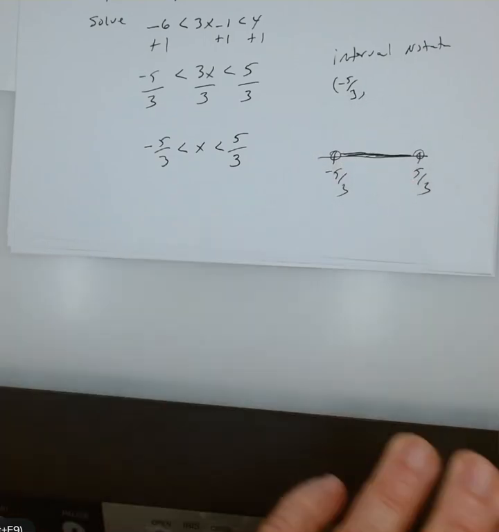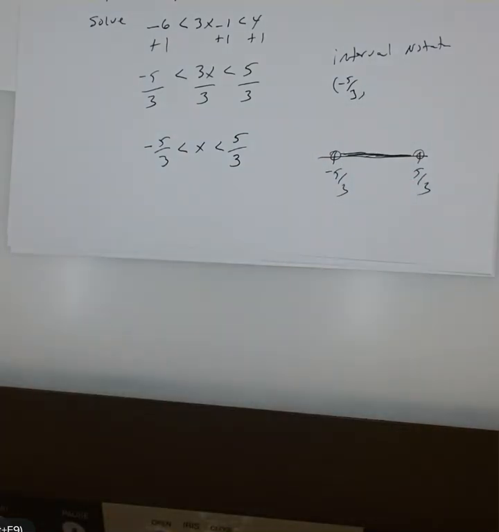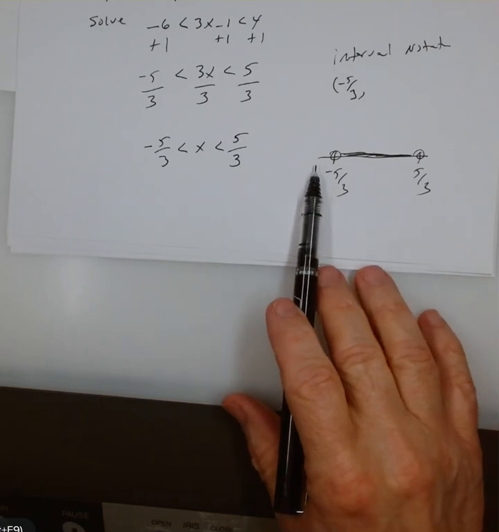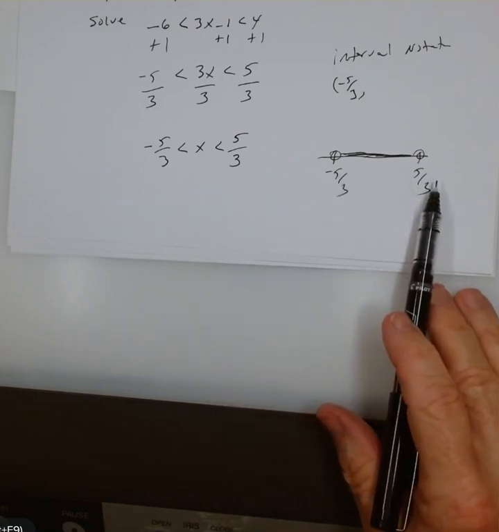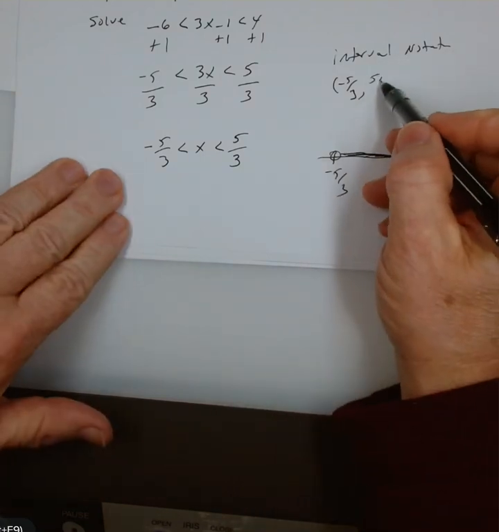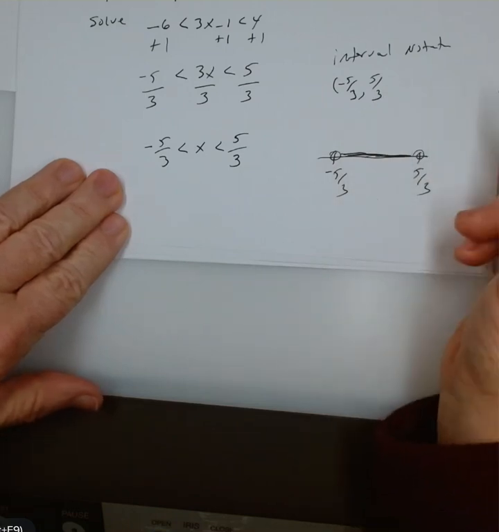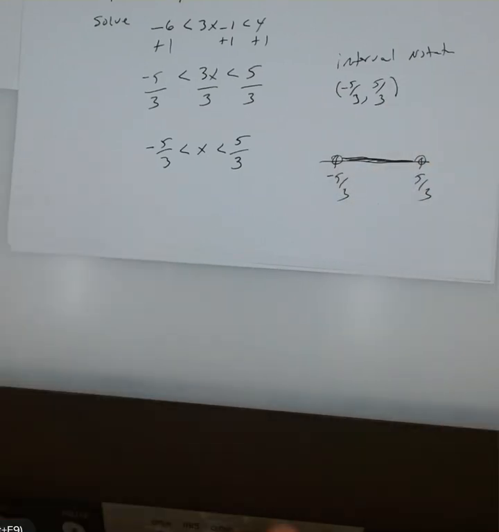No, interval notation is just an interval. So just the parentheses. You're going from negative 5/3 all the way to what? 5/3. With a what? Parentheses. There's your answer. From negative 5/3 all the way to 5/3.